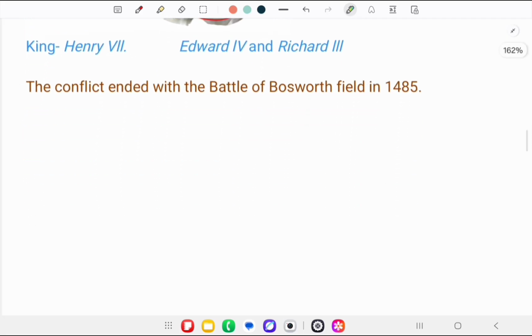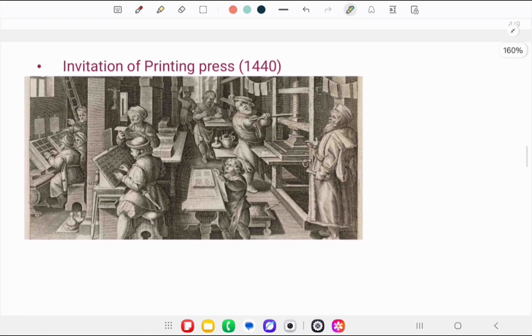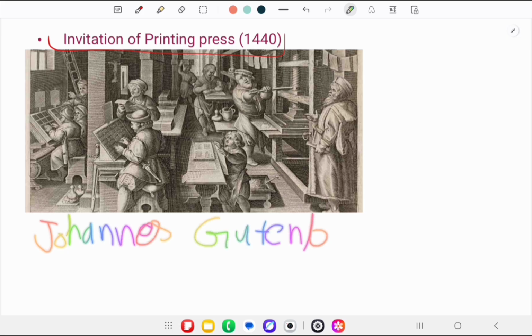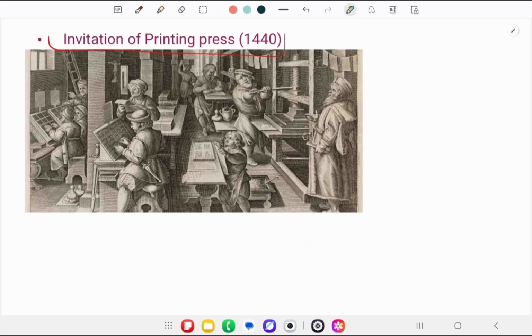After that, in 1440, one of the most important events happened: the invention of the printing press, invented by John Gutenberg. In the mid 15th century, it played a pivotal role in the Middle English era.